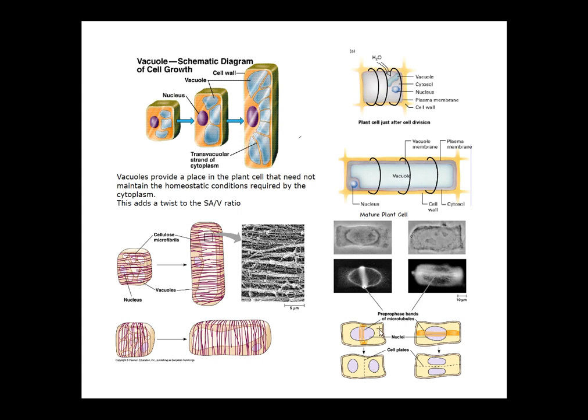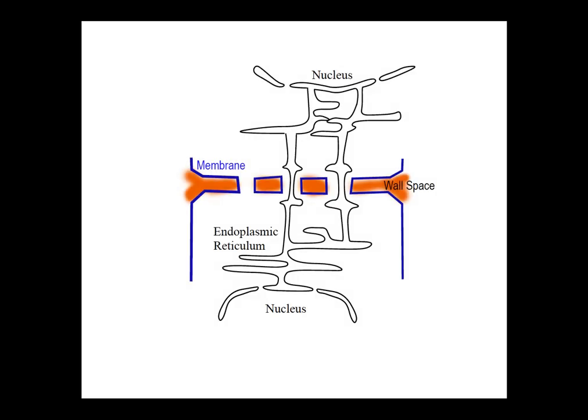Let's look at this cell wall that connects a pair of cells. Cell walls in plants have structures called plasmodesmata that allow movement of materials through from one cell into the other.